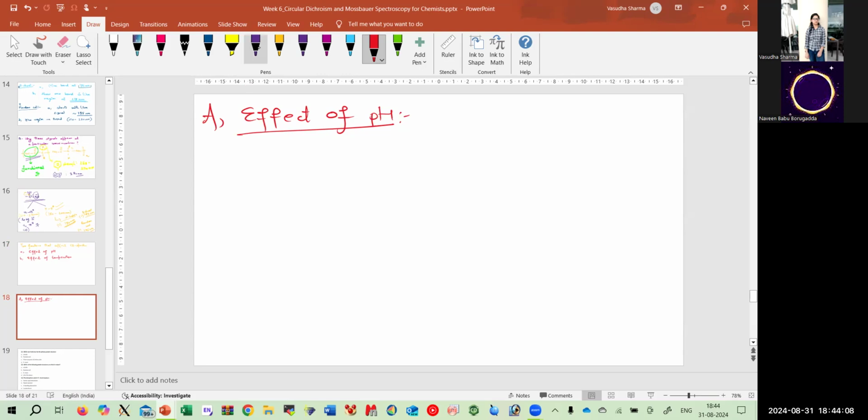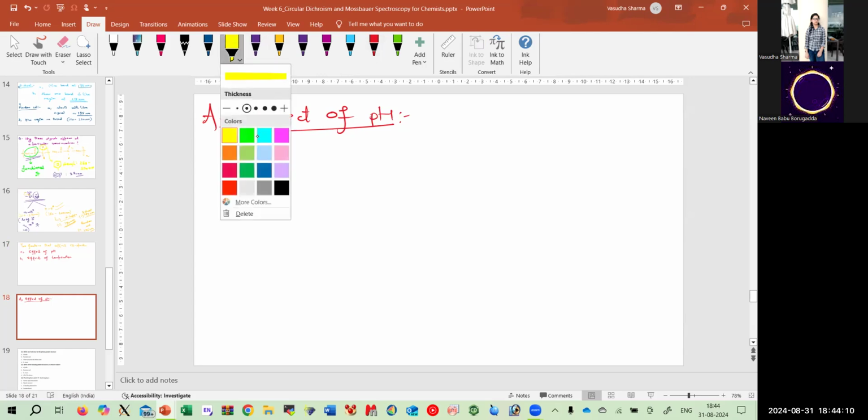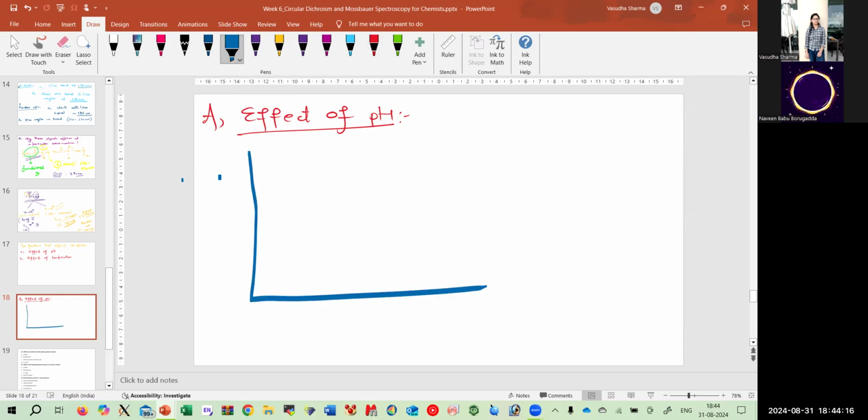Say, for example, if we are drawing the normal absorbance spectroscopy, the epsilon, we know how the UV spectra or optical spectra looks like. This is the first, this is the second piece, and then this is the third piece.